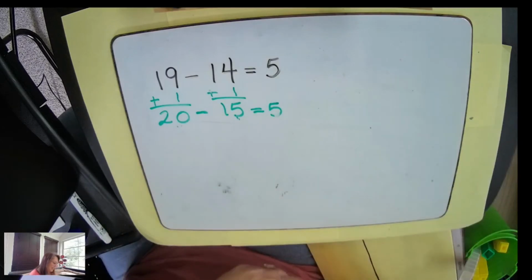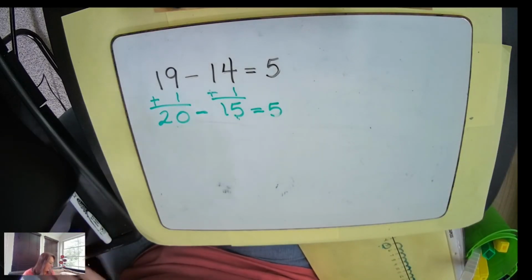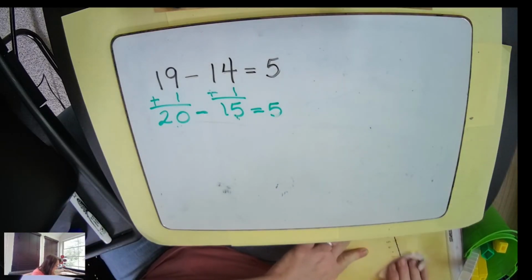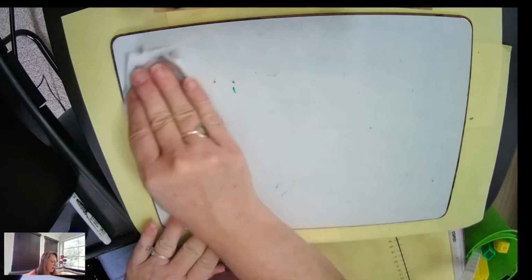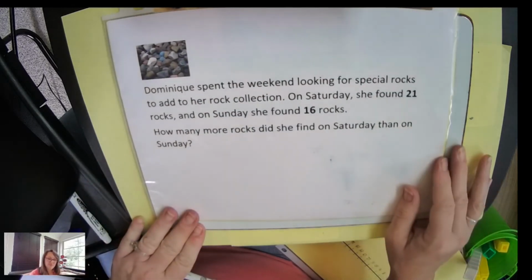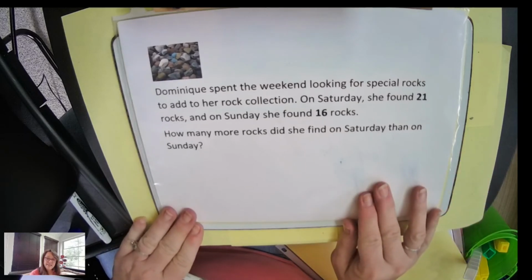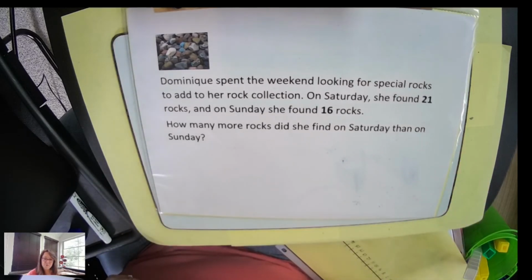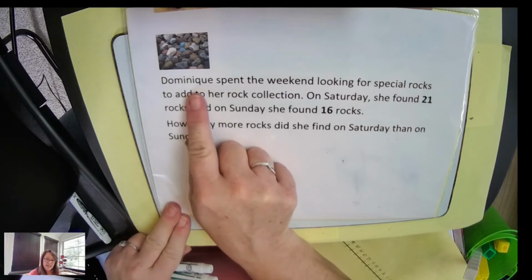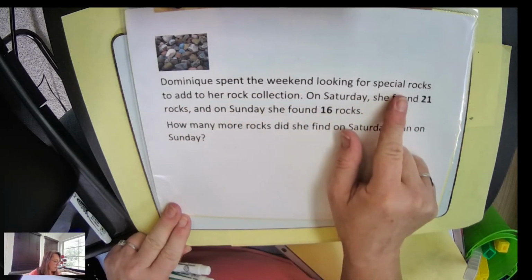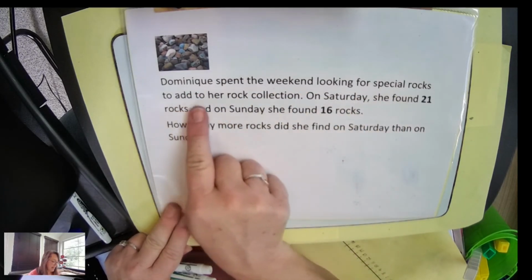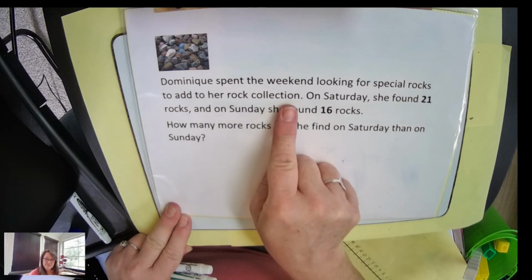That's really great, guys. Okay, we have one last problem to do. And this problem is a word problem. Here's the problem. Dominique spent the weekend looking for special rocks to add to her rock collection.